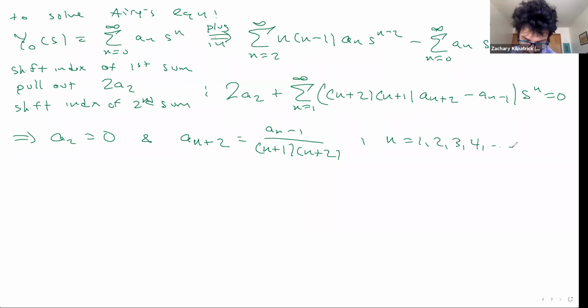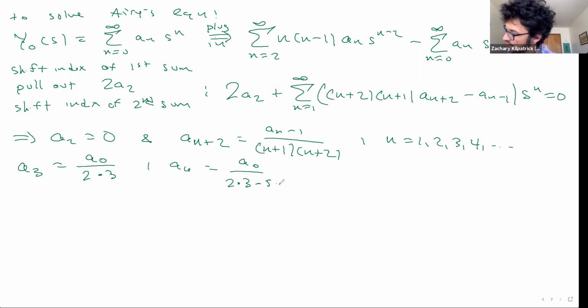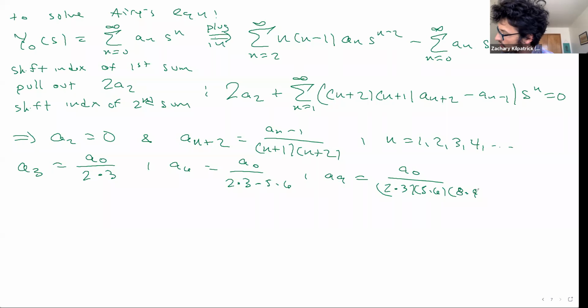So we get A3 equal to A0 over 2 times 3. A6 then is equal to A0 over 2 times 3 times 5 times 6. A9 is equal to A0 over 2 times 3, 5 times 6, 8 times 9. So we need to be able to write down some sort of pattern for that.